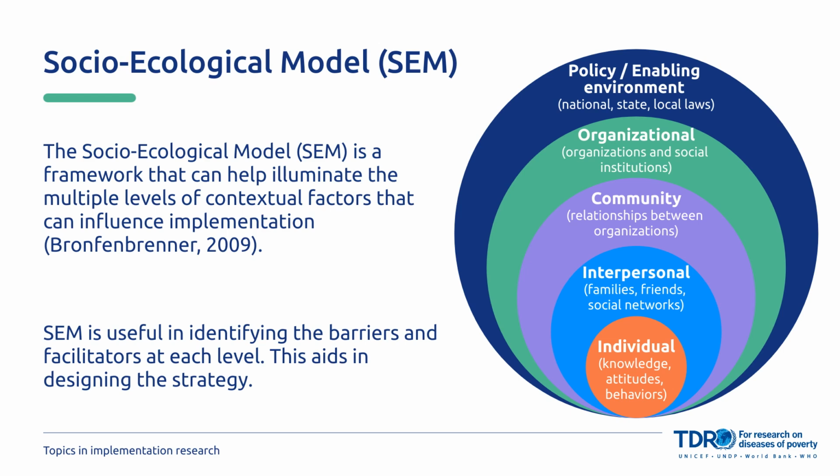After pinpointing these contextual factors at different levels, the next step involves choosing appropriate strategies to tackle the barriers and facilitators to implementation effectively. This process typically begins by mapping the identified determinants to specific implementation strategies.